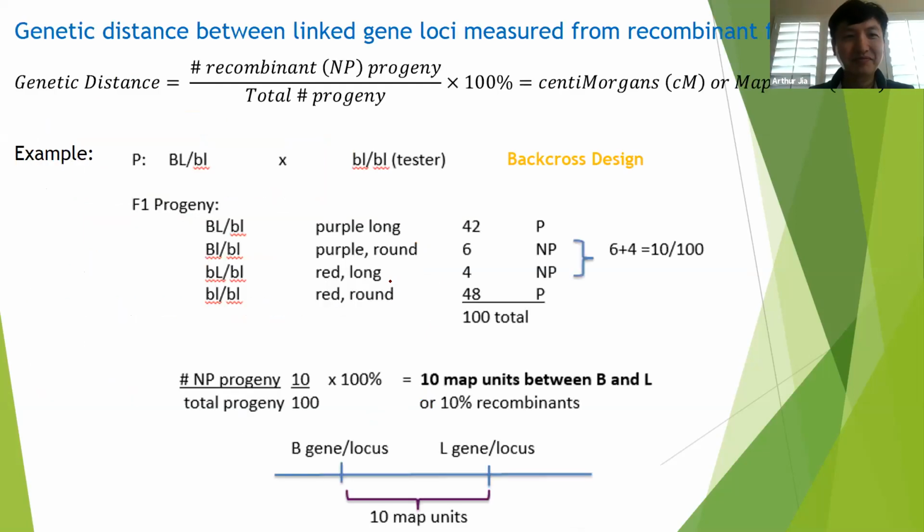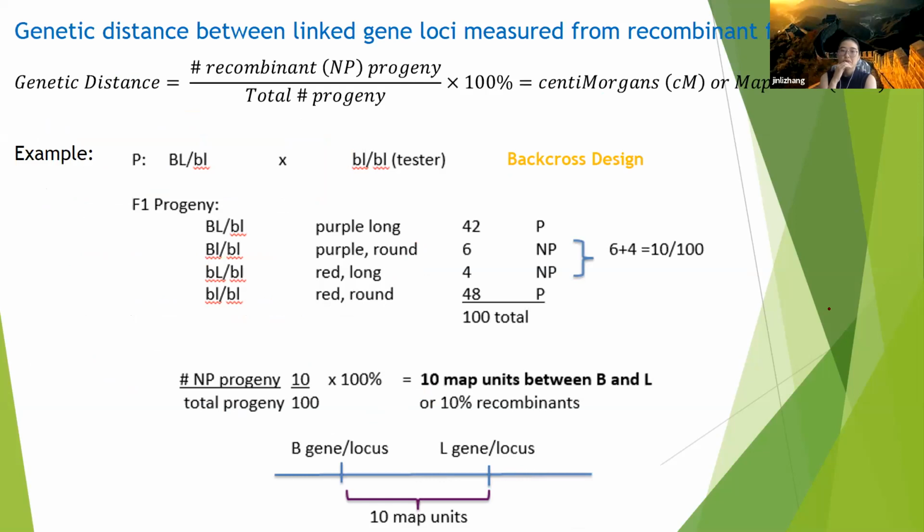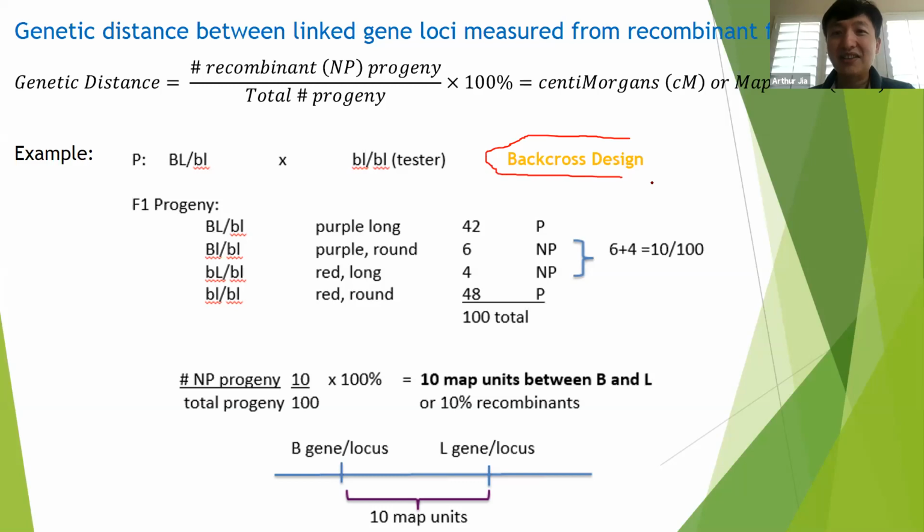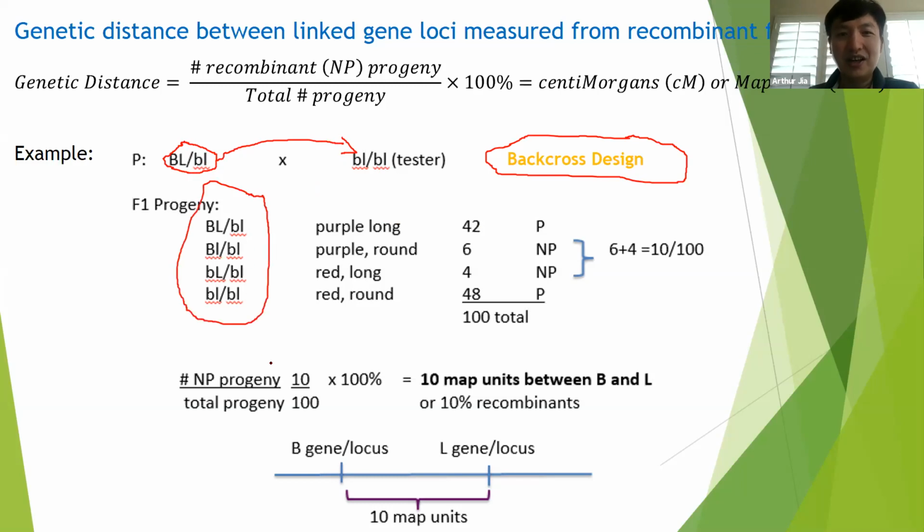All right. Okay, so this is simple, right? I have shown this slide to you last week. This is a very classical backcross design. So what is the backcross design? Okay, so this is the F1 parent, and we cross this parent back to the very first parent, the double homozygous tester, right? And we're going to generate these 4 genotypes.